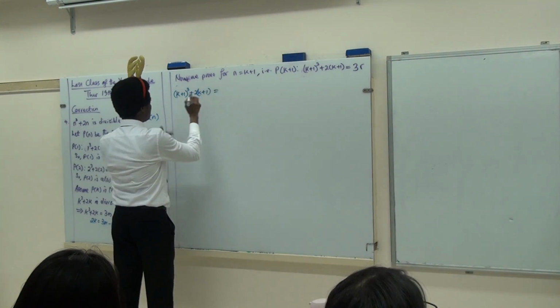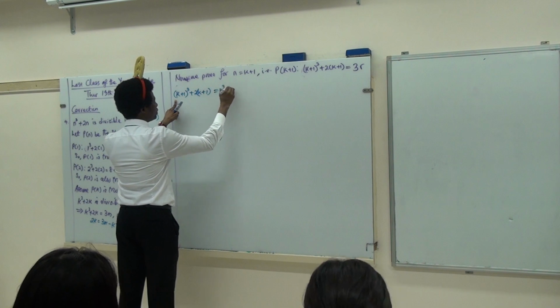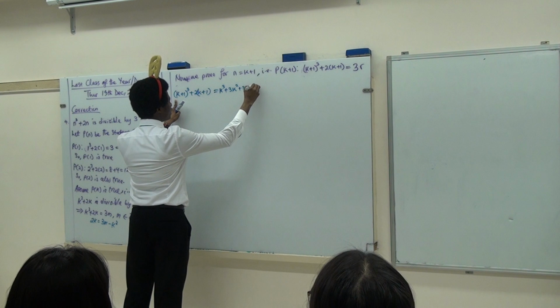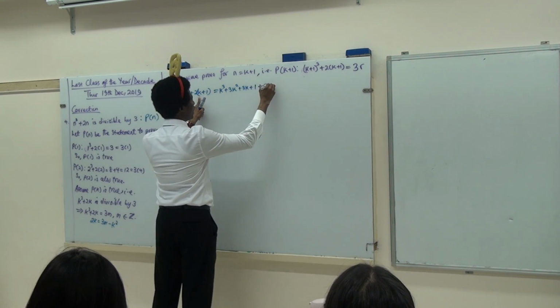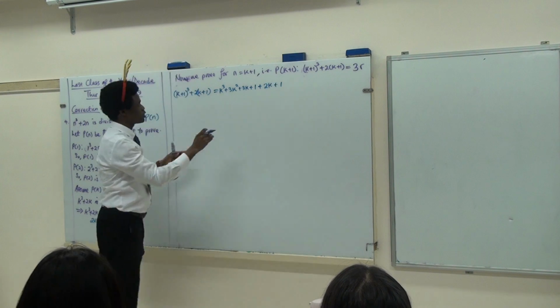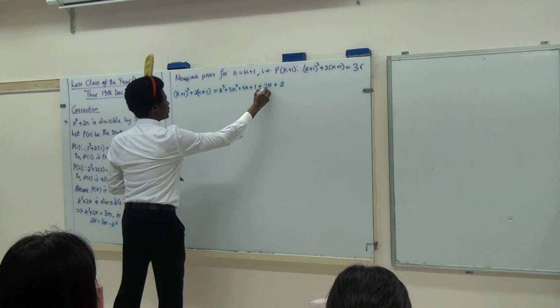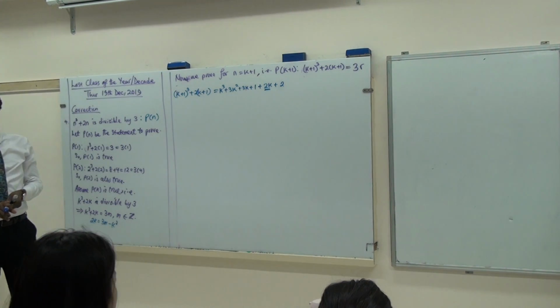So what is the expansion of this? Binomial: k cubed plus 3k squared plus 3k plus 1. Do you agree? This is plus 2k plus 2. Does everybody get that? But we have something for 2k already. Okay?